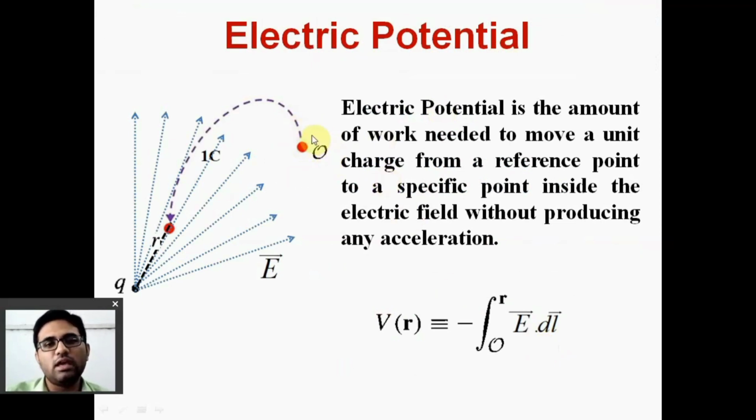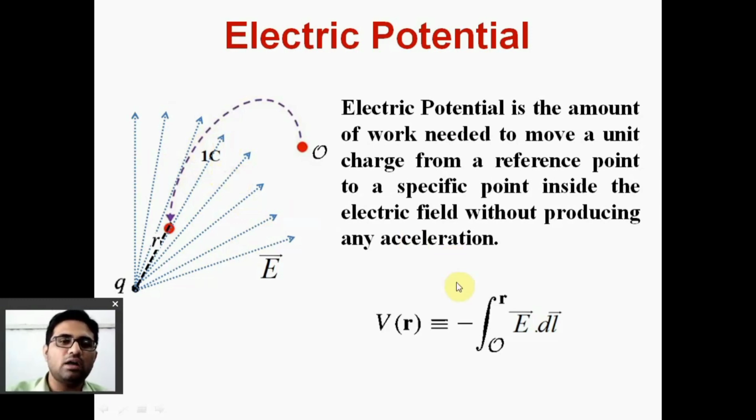Now, if we consider an arbitrary reference point here and a unit charge is moved from here to a particular point, and the distance of that point from the origin where the charge is situated is r, then the electric potential is the amount of work needed to move this unit charge from the reference point to this specific point inside this electric field without producing acceleration. Without producing any acceleration, that we have to consider, right? So this is the minimum work done required to move this unit charge.